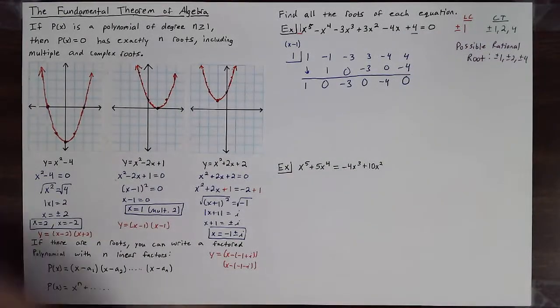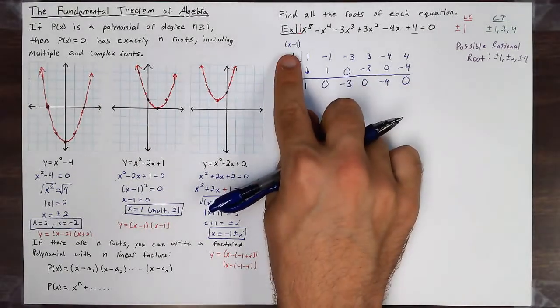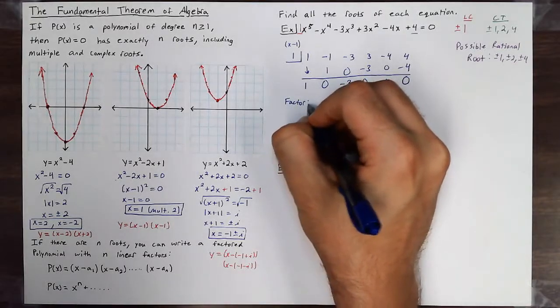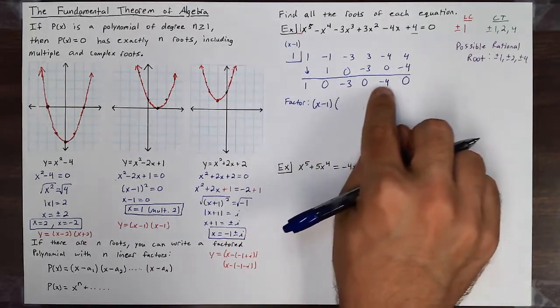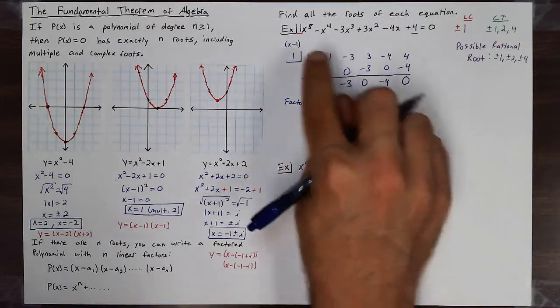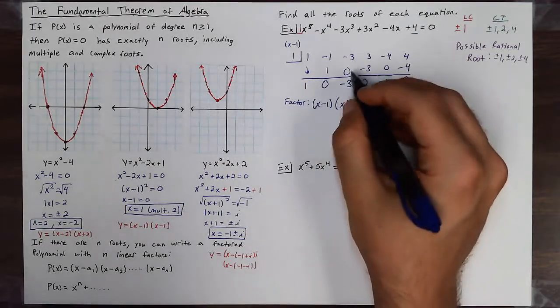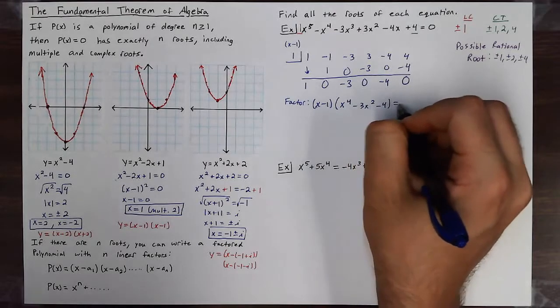So now, since I got a 0 for the remainder, 1 is definitely one of the roots, and I can actually factor by writing x minus 1 times the polynomial I got after I divided it out, which, starting 1 less power, would be 1x to the 4th minus 3x squared minus 4 is equal to 0.